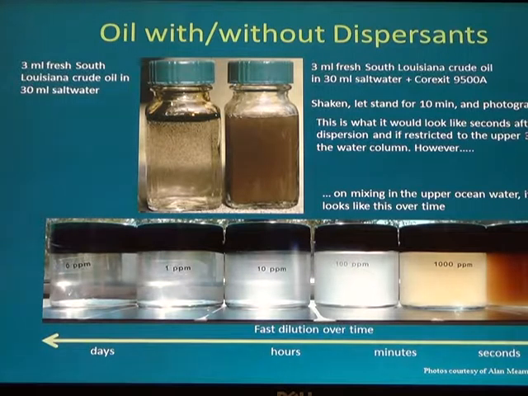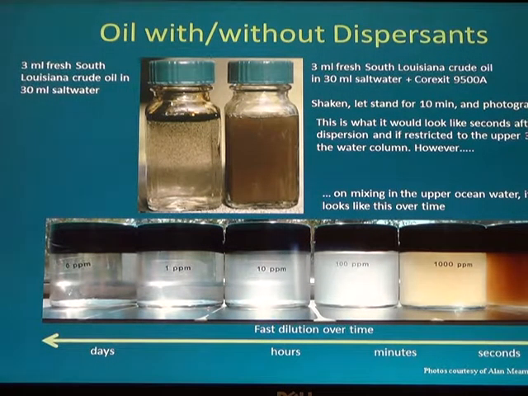This row of jars right here is just to give you an idea of what those concentrations would look like over time, from within seconds of dispersing to days after a dispersant has been used. Within the jar, you can't get that dispersing and movement within the water column. So this is what it would look like right after it was dispersed.